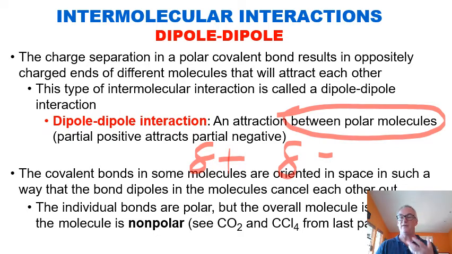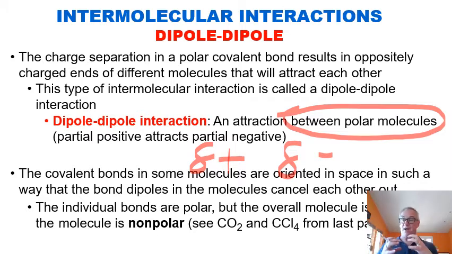If you have polar molecules, we know that one side of the molecule, and that is the key, will have a slightly positive charge and the other side will have a slightly negative charge. With carbon dioxide, the outsides are the same, right? The outside of the molecule has slightly negative oxygens.